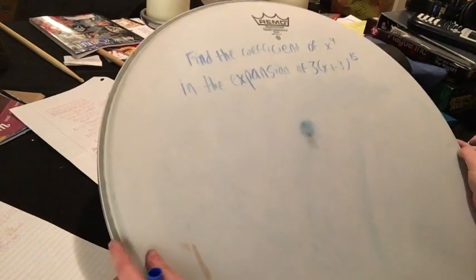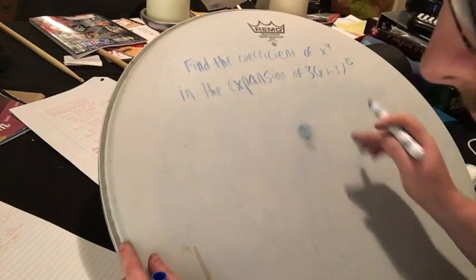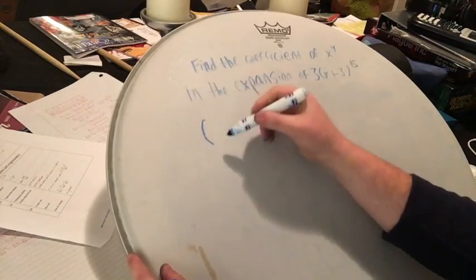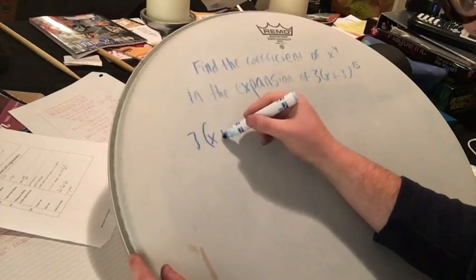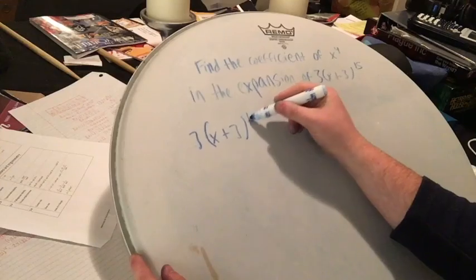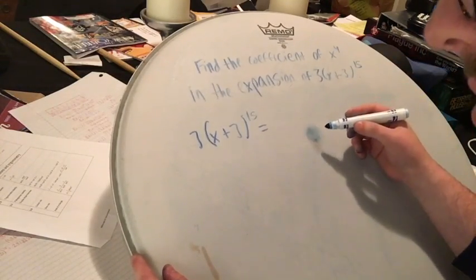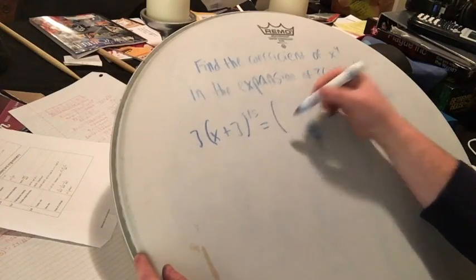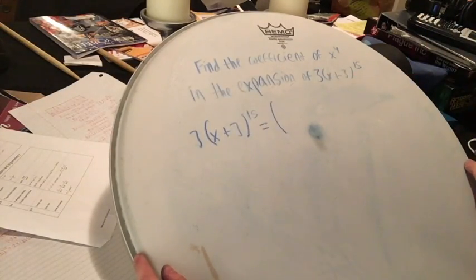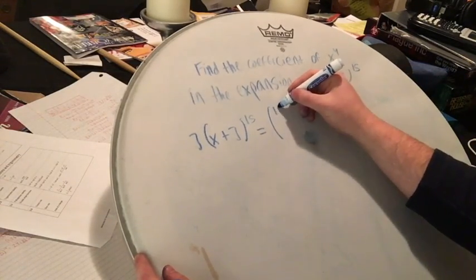So if you look at your binomial theorem, it's what we have here, (x plus 3) to the 15th equals the binomial coefficient, which is n over r. What's n again? Well, n in this instance is not the number of trials, but the number of terms. So that's going to be 15.